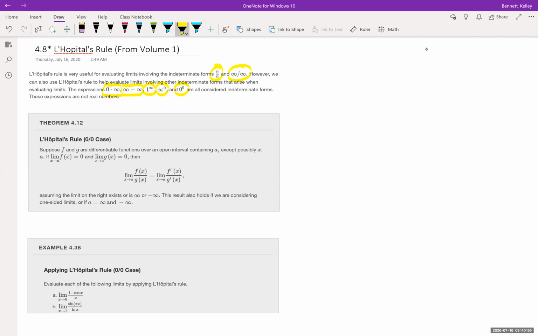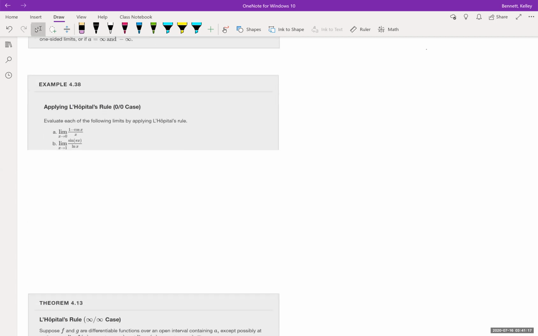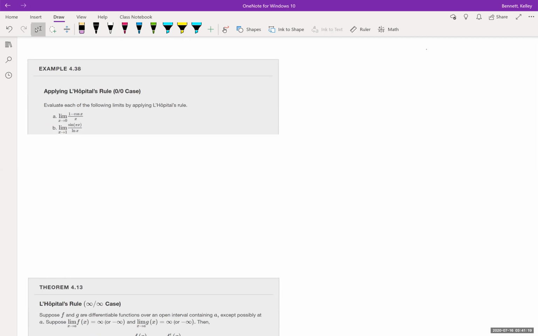The first case we're going to look at is 0 over 0. So if we have a limit where the numerator and the denominator are both going to 0, what we're allowed to do is take the derivative. So in example 4.38, we can see that in both A and B, if we look at the limits of the numerator and denominator separately, we're going to get a 0 over 0 case.